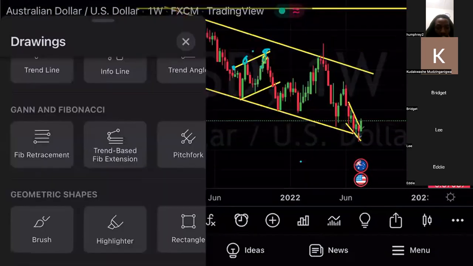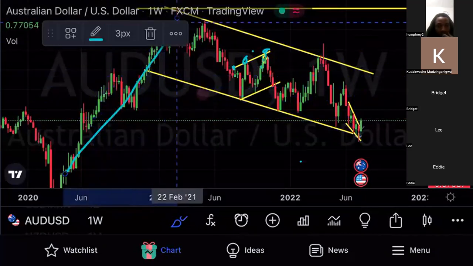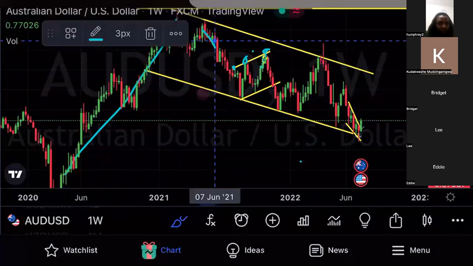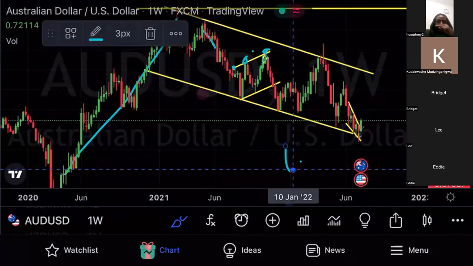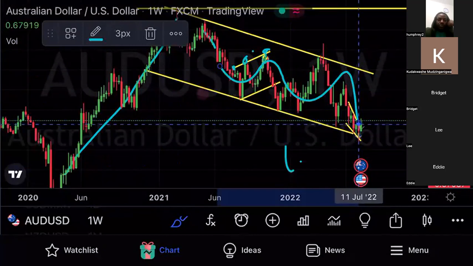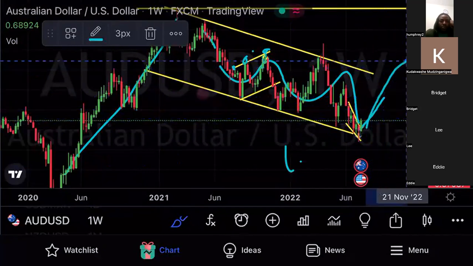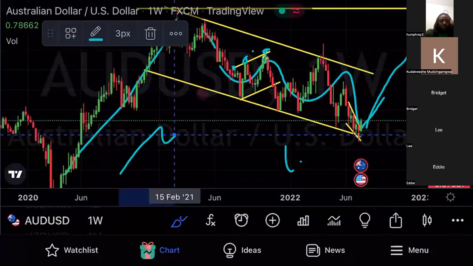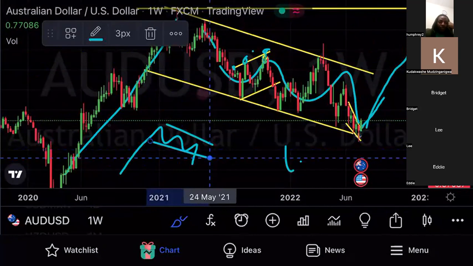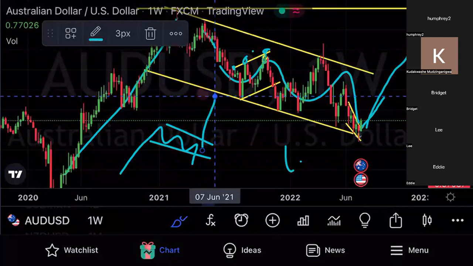On this one, we have an impulsive move to the upside, followed by this large correction. So where do you think price will go next? It's not an obvious case, but the highest probability is to the upside. Why? Because we are just using our principle, impulse, correction. A correction in the form of a continuation pattern will move price to the upside. That's the structure that we are seeing right now.